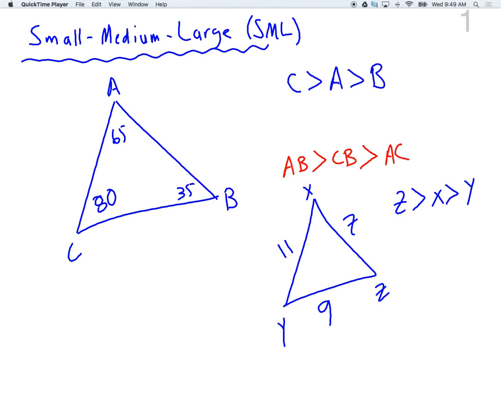And of course it's going to get more complicated because I could give you a triangle like this, ABC, and instead of giving you the angle measures, I could give you algebraic expressions. Let me see if I have an example of that or if I just make one up. Checking my notes.